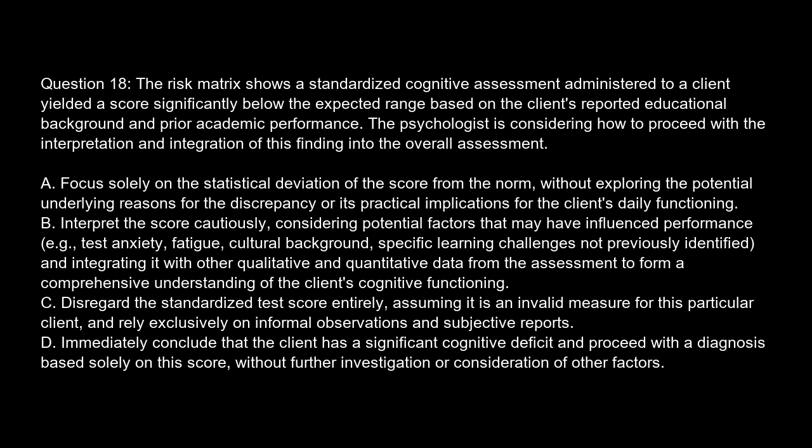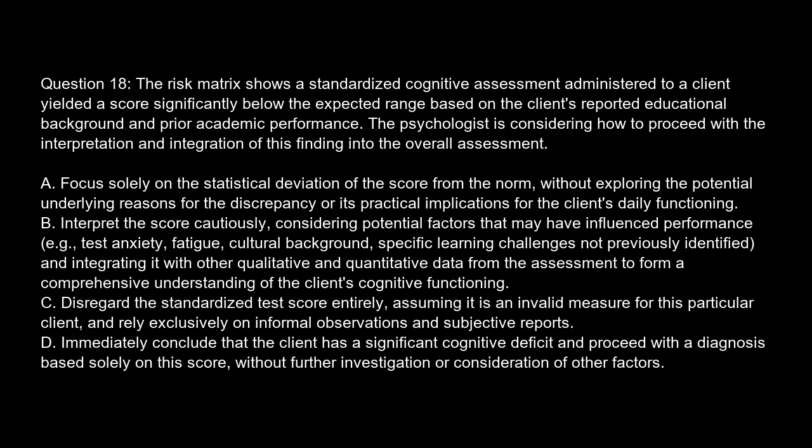Option B. Interpret the score cautiously, considering potential factors that may have influenced performance, e.g., test anxiety, fatigue, cultural background, specific learning challenges not previously identified, and integrating it with other qualitative and quantitative data from the assessment to form a comprehensive understanding of the client's cognitive functioning.